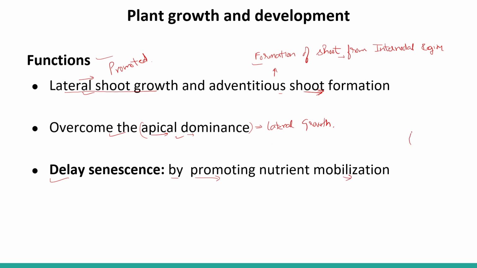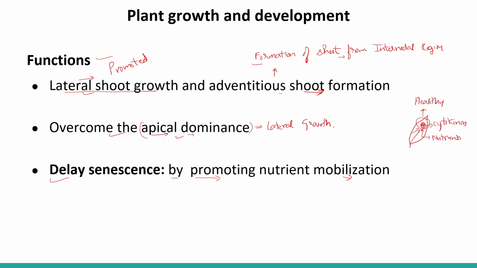If this is a leaf, and cytokinin is exogenously applied in this region, all the nutrients are directed to the region where cytokinin is applied, and this region will remain healthy and green.